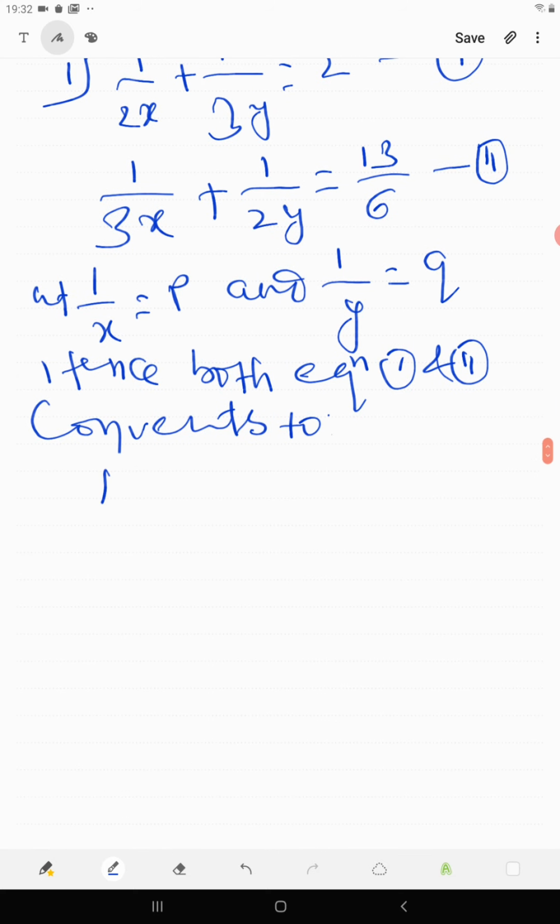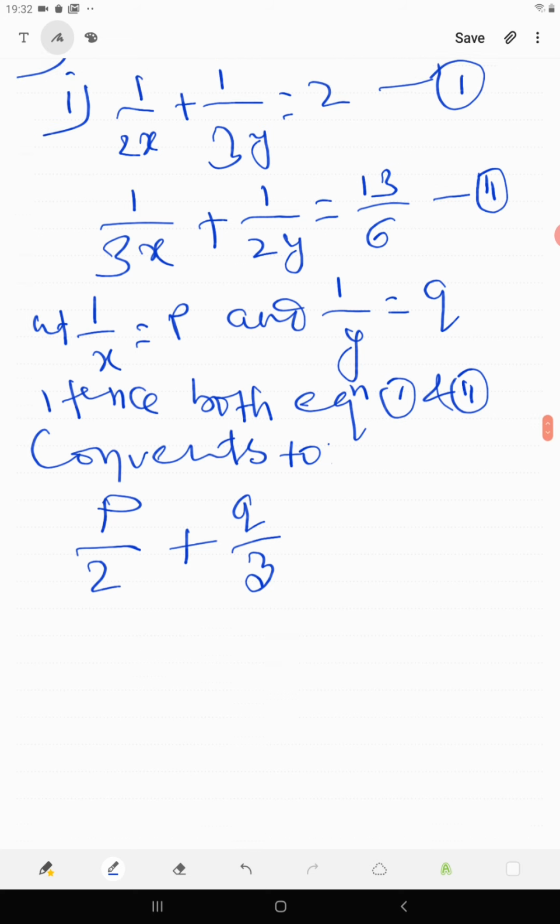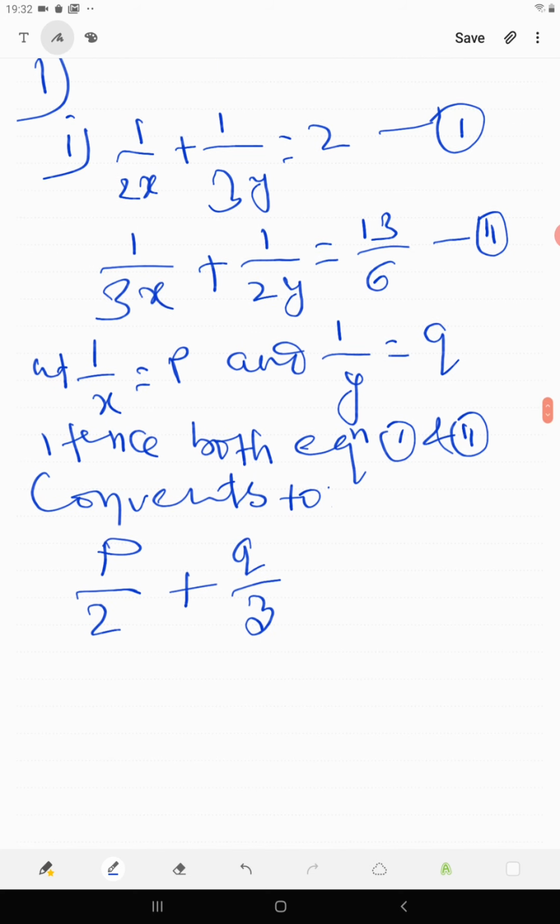It will be 1 by 2 into p, so it is p by 2, plus 1 by 3 into q. So it will be q by 3, because 1 by y is q. And 1 by x is p, so it will be p by 2. That is equals to 2.